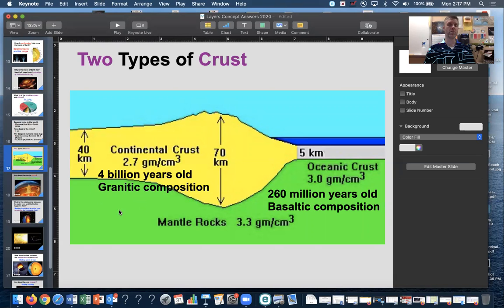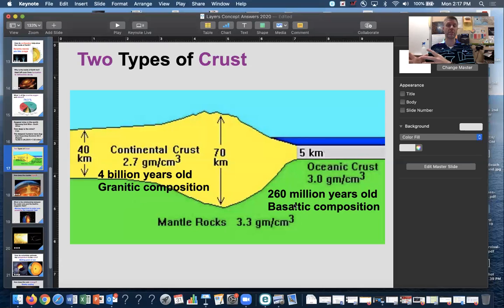Granitic composition has a certain set of minerals that make up rocks that have granitic composition. Now, it might not be all the minerals, it might just be some of them, but there's kind of a group of minerals that make up those rocks. Basaltic composition is the same way, it's just a different set of minerals.